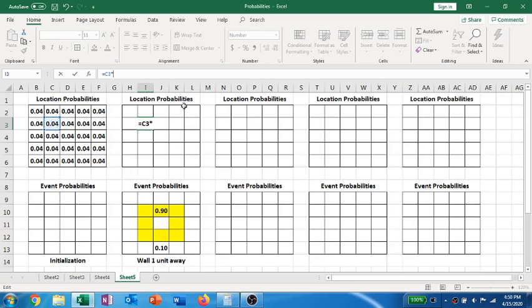So times 0.9, and then we need to divide it by the denominator that we calculated, which was the sum of all of these probabilities, not this one there though, which is 0.32. And now I can scale that across to all the ones in this zone here.